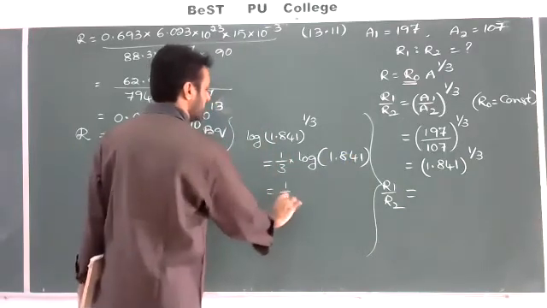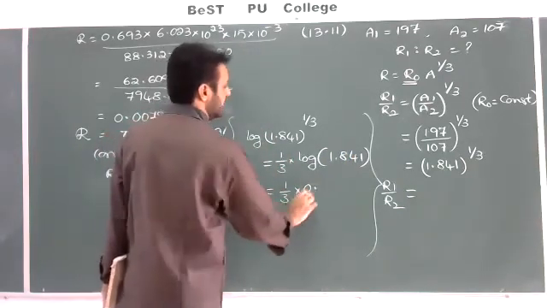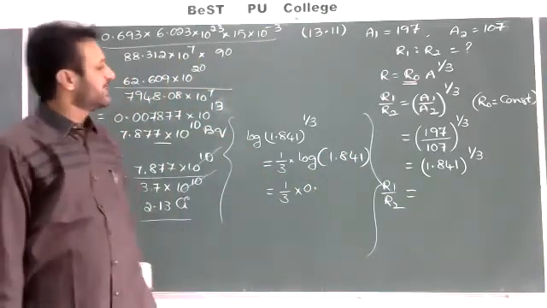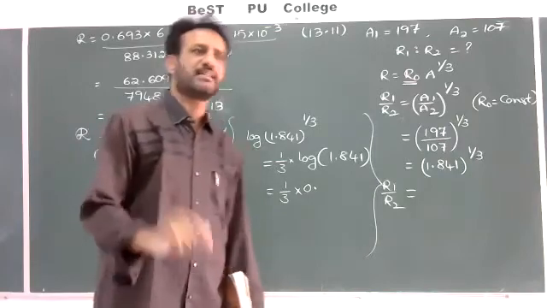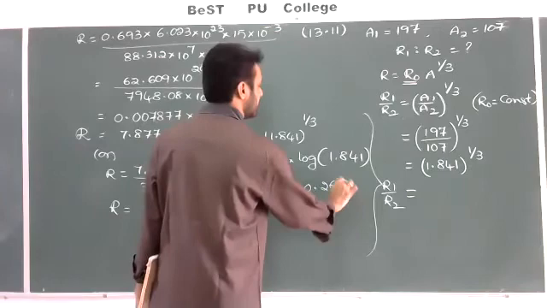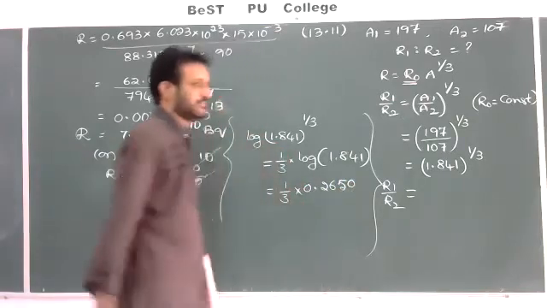That is equal to 1 by 3 into the logarithm value of 1.841. We should take 18 under 4 and the mean difference under 1. That gives 0.2650.